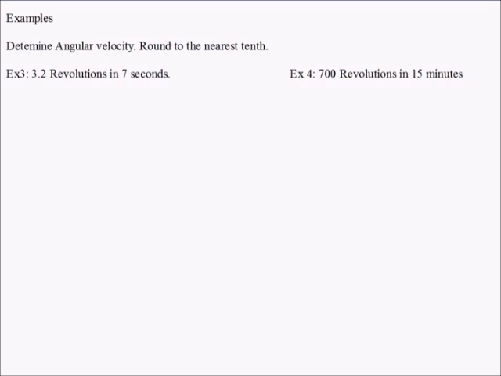Determine angular velocity, round to the nearest tenth. In your flashcards, you need to start to remember that omega is your angular velocity, and your angular velocity is theta over t. So over here, I'm going to say omega is equal to angular displacement over time. Now remember, we cannot use revolutions here. This has to be in radians.